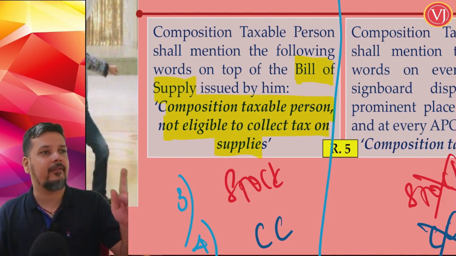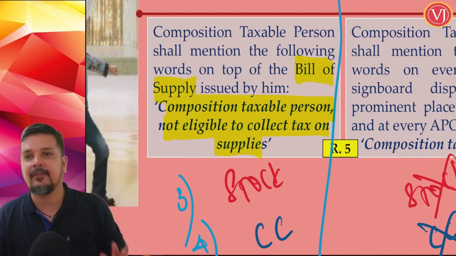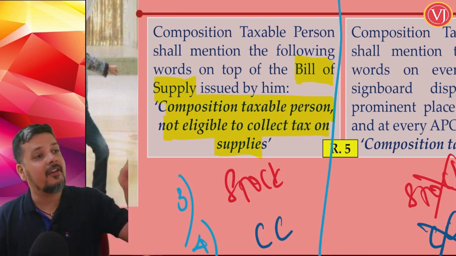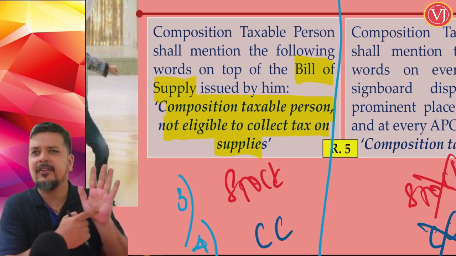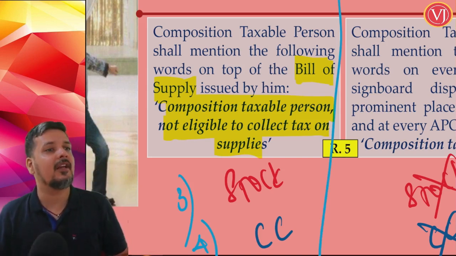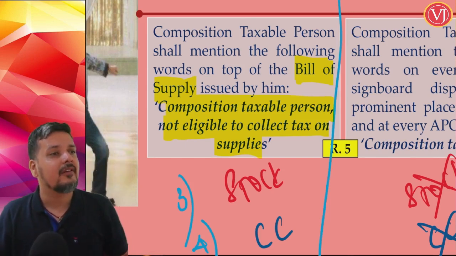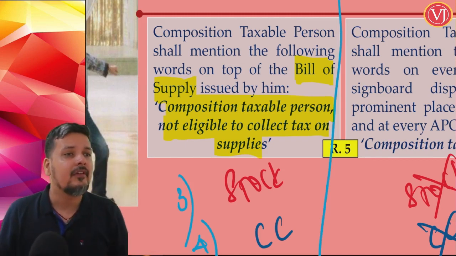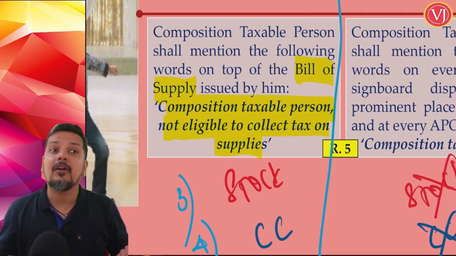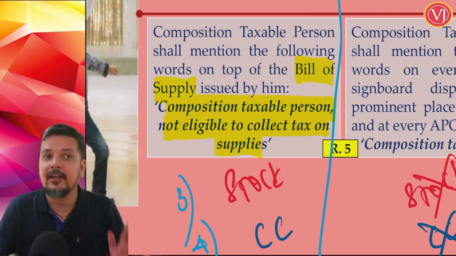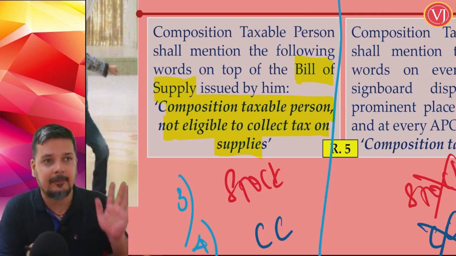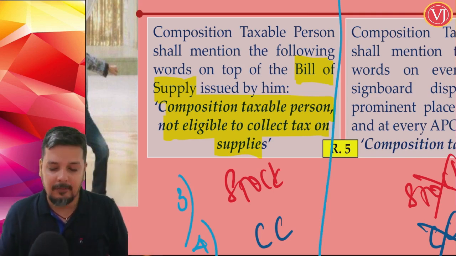Normally a tax invoice for 5, 12, 18, 28, 28 plus compensation cess, etc. But if it is 0%, it is a bill of supply, because there is no tax. A composition scheme dealer will always pay 1, 5 or 6, but he'll always give a bill of supply because he cannot collect tax. He cannot write tax on the invoice. He cannot collect tax means he cannot write tax on the bill of supply.